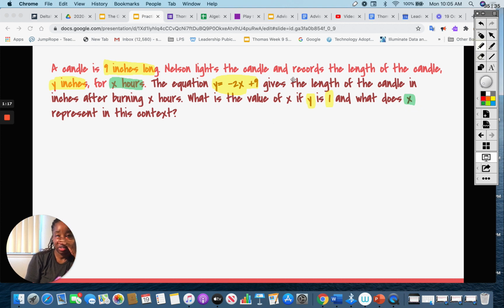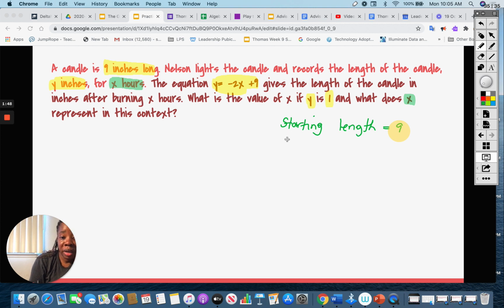So as usual, I always like to record the information that I actually know. So I know that the candle, starting length, is 9 inches.